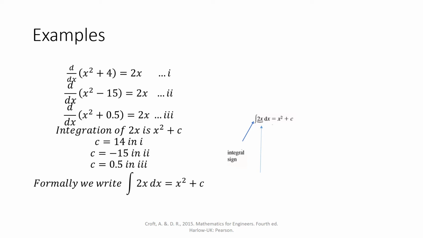After the integral sign, 2x we call the integrand, and beside it dx we call the differential symbol, and we write it dx. Then there is a constant of integration. So they are always part of this integration, the reverse of differentiation.